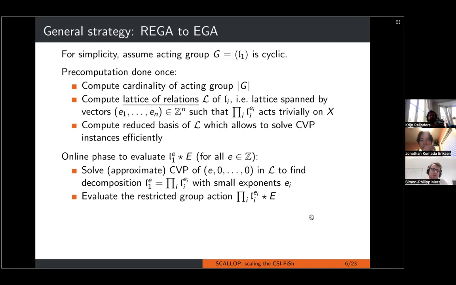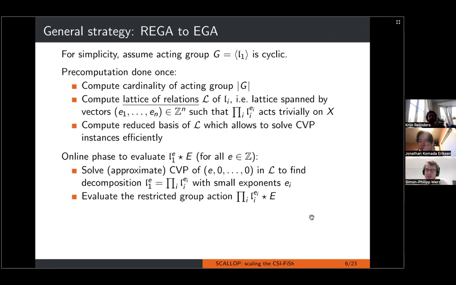Then if you want to evaluate L1 to the E for an arbitrary integer E, recall that L to the E is a generator of your group. So L1 to the E means all the elements in the group.